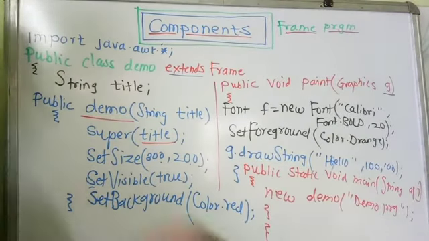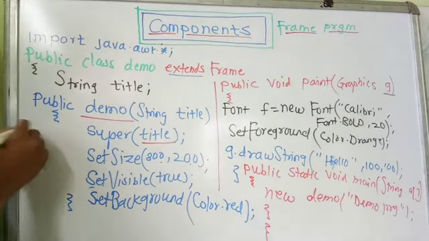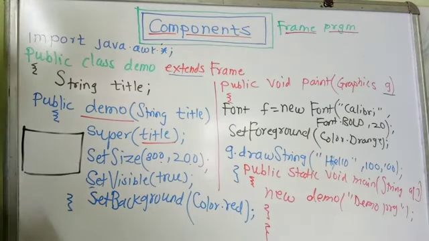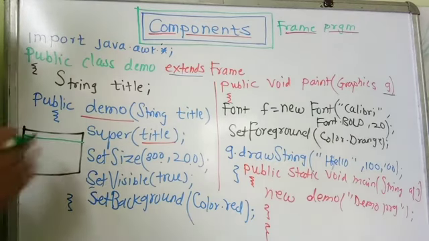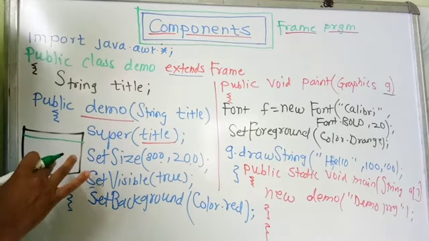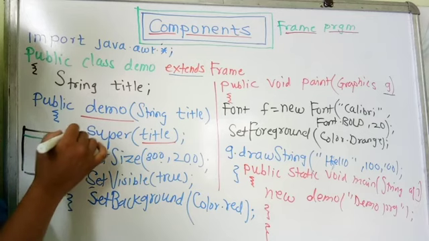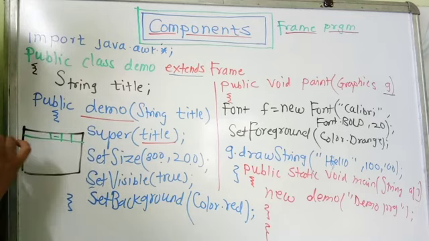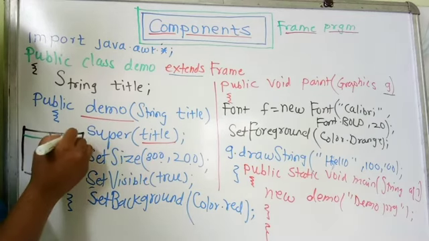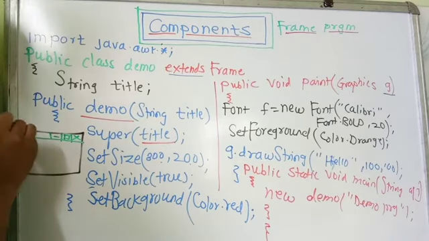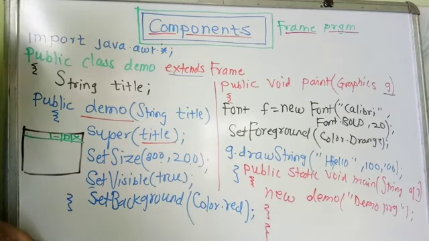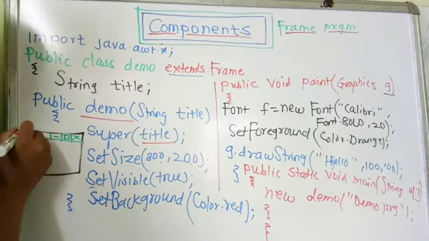Some frame of size 300 by 200 will appear. As it is a frame, it is having three buttons, three options: one for minimization, one for maximization and the cross for closing. Now at this part your label will be displayed like Demo Program.